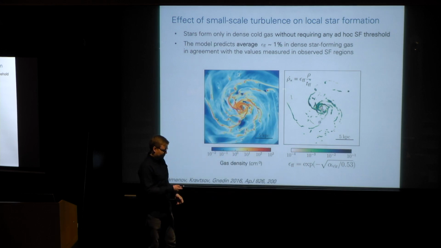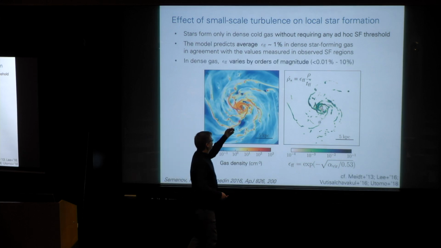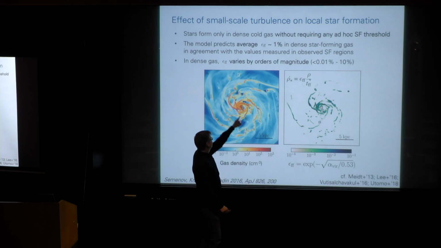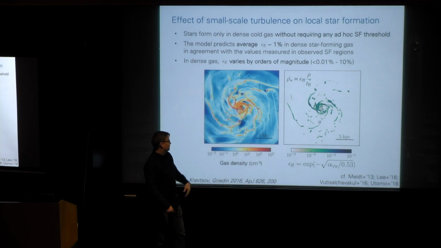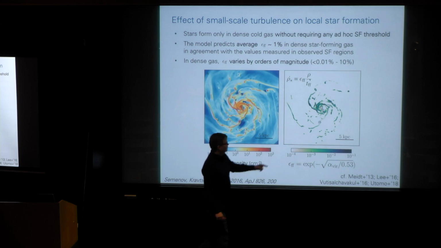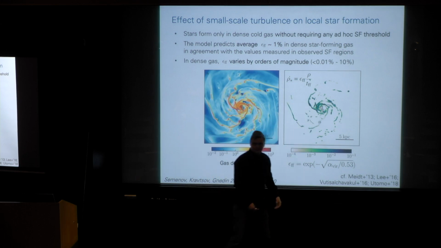And in addition to this, it also tells us that efficiency can vary by orders of magnitude, even in cold and dense gas. As an extreme example, we can look at these two spiral arms. They both have similar density, so if we use a density threshold to define star-forming gas, we would assign the same efficiency of star formation to them. But according to this model, one of these arms forms stars very efficiently, while the other one doesn't form stars at all.